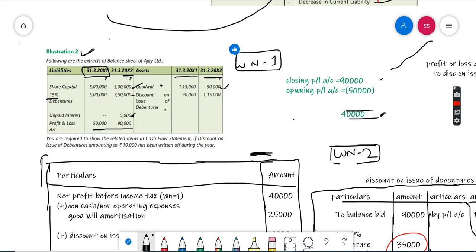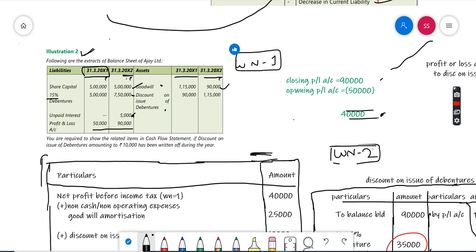Goodwill is an intangible asset, and the value of the goodwill has decreased from 1,15,000 to 90,000.